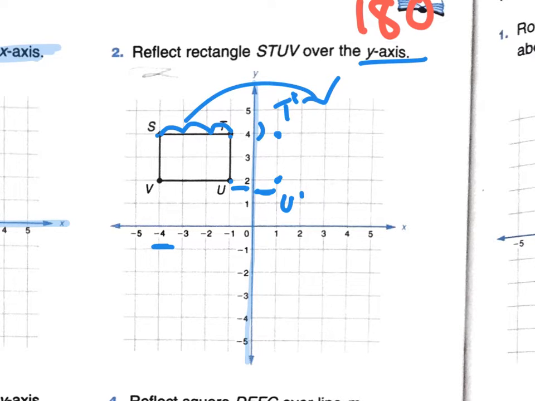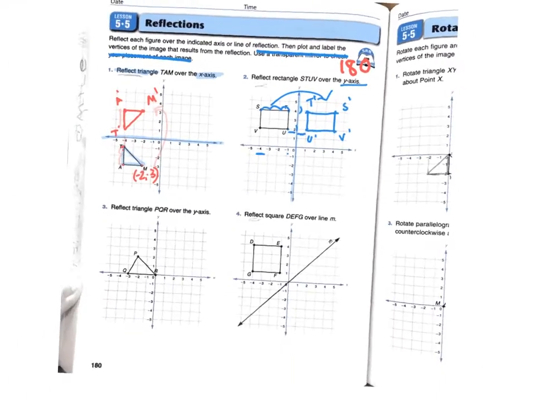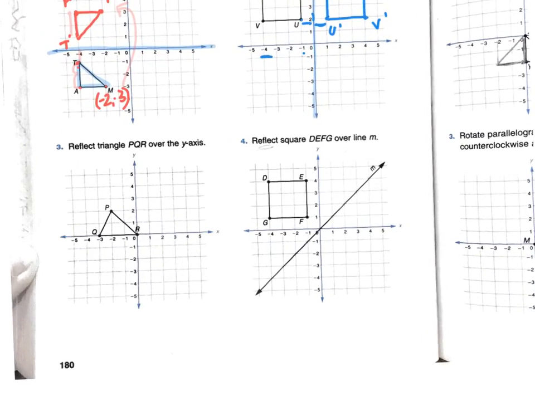So if I flip it, it's going to be at +4, 4. And that's S prime. Now V prime, since we have a rectangle, we can probably guess just by looking where it is. But again, checking our coordinates, -4, +2. This time, if I'm flipping it, it'll be +4, 2. And that's V prime. And then connecting, mine's a little messy, so remember you're using a straight edge. Those are our reflections.